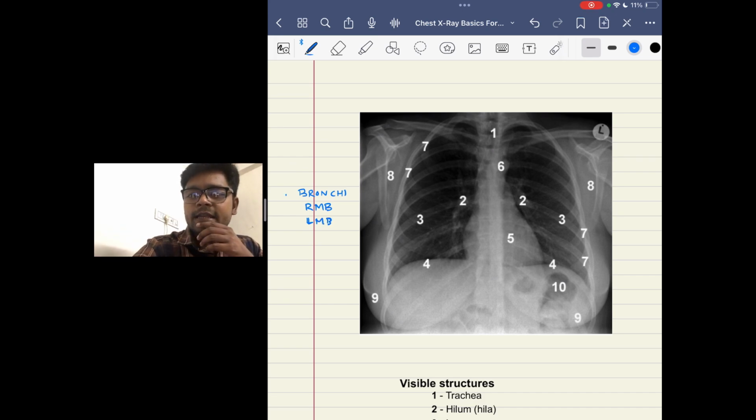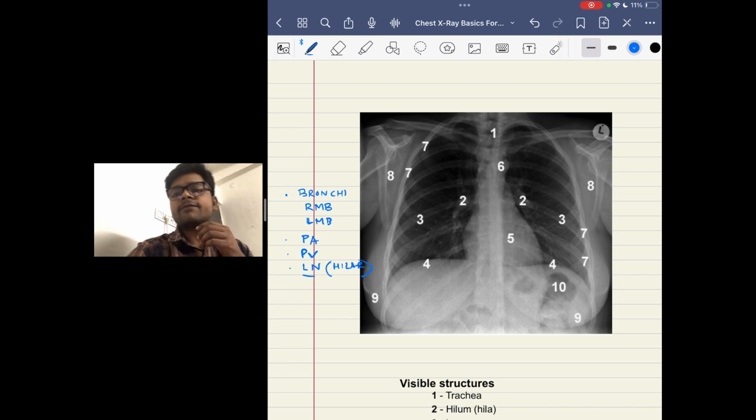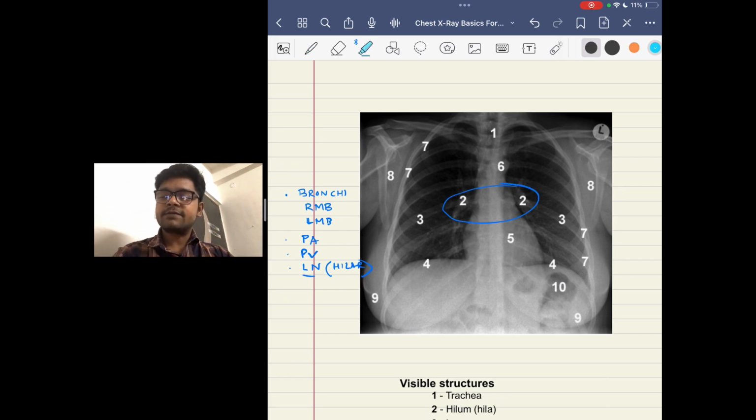Then you can have the pulmonary artery, pulmonary vein, and hilar lymph nodes. These are the structures that we commonly see in the hilum at this region, right?